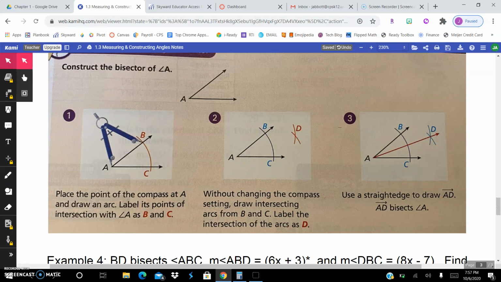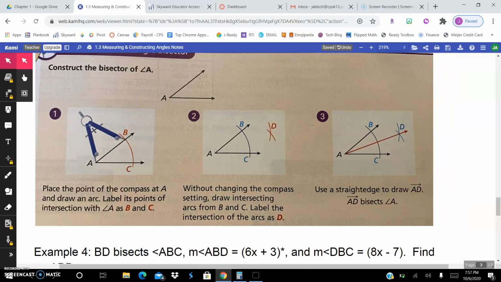All right, so to construct a perfect bisector, you're going to use a compass, and you're going to place the point of the compass at A and draw an arc. So you're going to take the angle they gave you, and draw an arc somewhere out there.